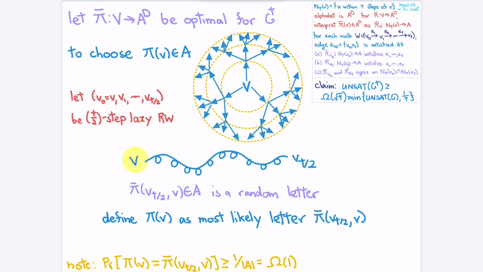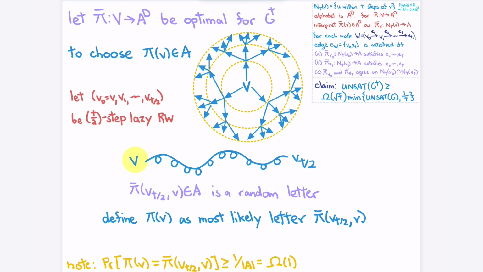For each vertex V, I want to find a letter. We're going to take a T over 2 step lazy random walk, and then on the other end, you're going to find some other vertex that has an opinion of you. That other vertex in pi bar, the powered problem, has a label for you.